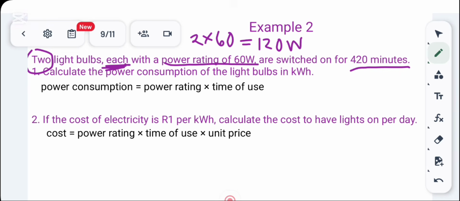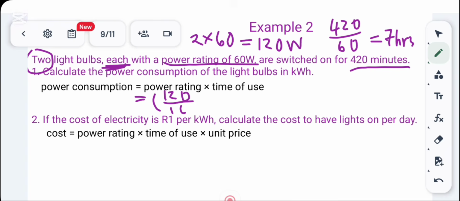So 420 minutes, I have what? It's 420 divided by 60, and it is going to give me 7 hours. So my power rating is going to be 120 divided by 1,000 multiplied by 7 hours.